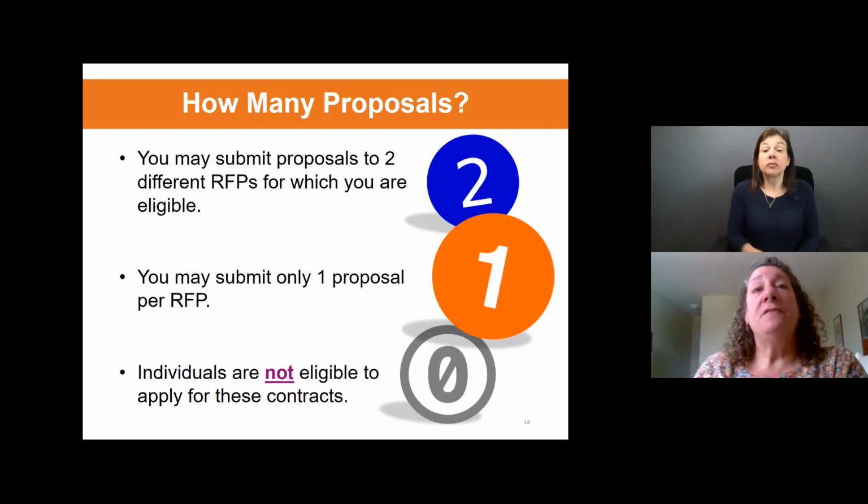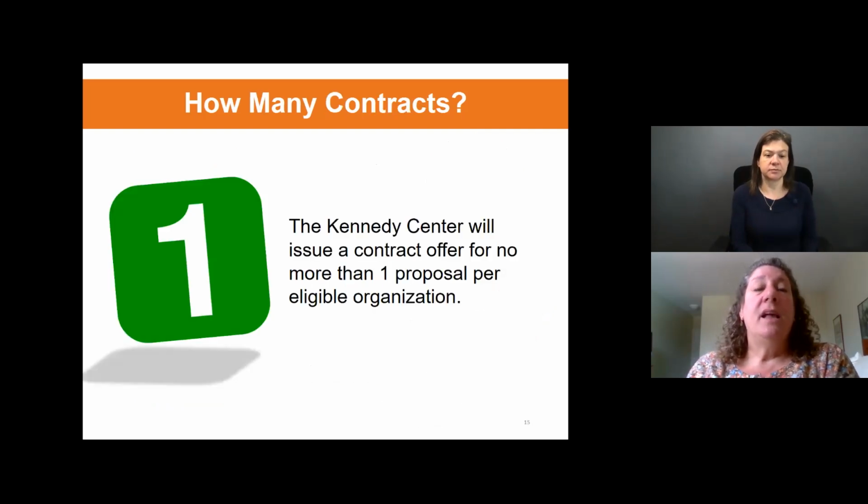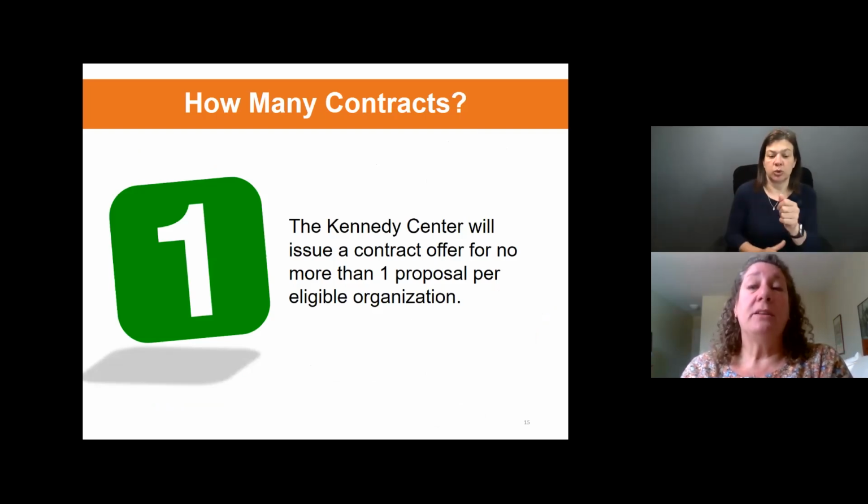Please note that individuals are not eligible to apply for a VSA program contract. How many contracts? The Kennedy Center will issue a contract offer for no more than 1 proposal per eligible organization.